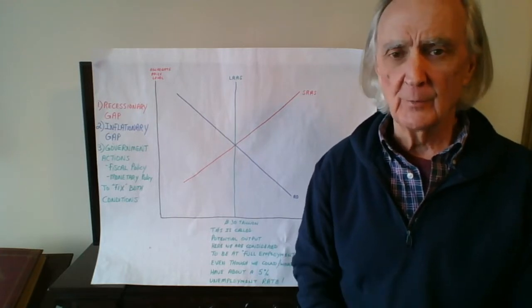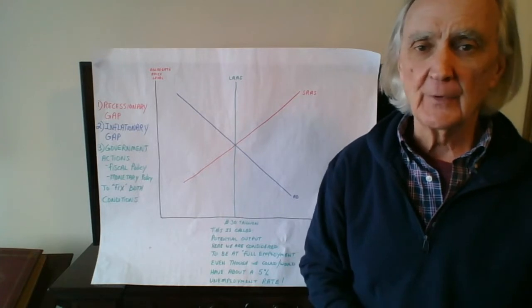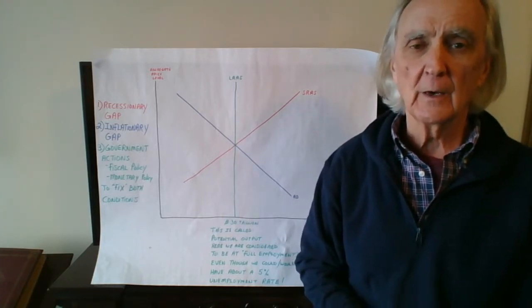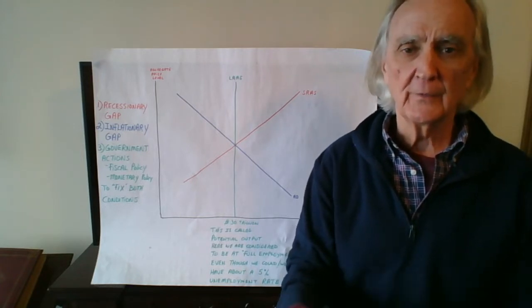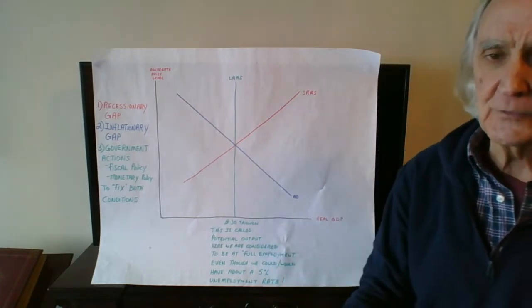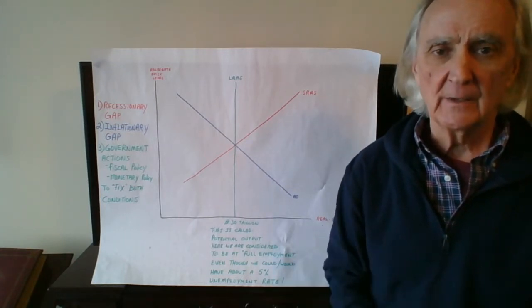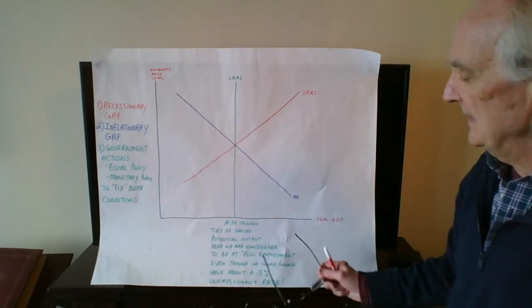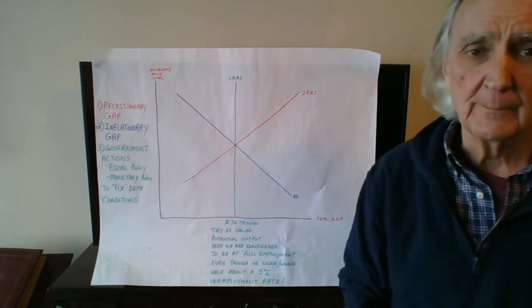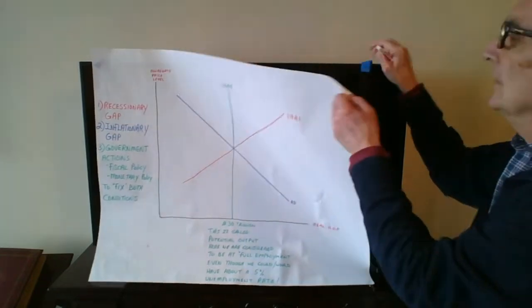And then a lot of books were referring to it at around 5. Some numbers recently are saying it's around 4%. Doesn't matter. The long and the short of it is, it's made up of frictional and structural unemployment, and we always will have it in an economy, and we have it even at full employment, even at our potential output. Okay, all right. Well, let's get into this recessionary and inflationary gap.